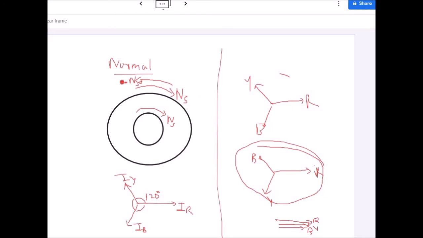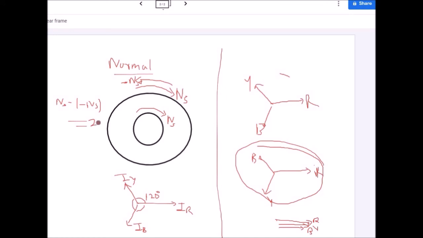If you observe this negative sequence rotating magnetic field and the rotor rotating magnetic field, there is a relative speed difference of what? ns is the speed of the rotor rotating magnetic field, minus minus ns, which equals 2 times ns.